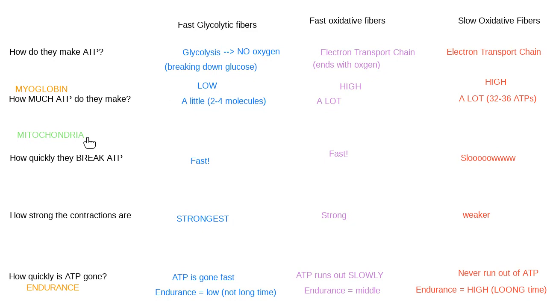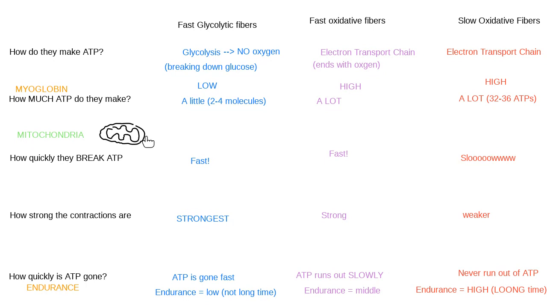If you remember from lab that the mitochondria looked kind of funky, let's see if I can draw us one. The mitochondria had these little inside wavy parts in them, so it looked kind of like this, remember? That's because all of these little folds have the electron transport chain proteins embedded in them.